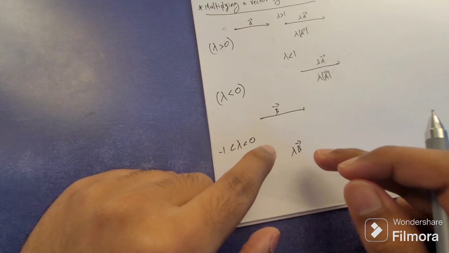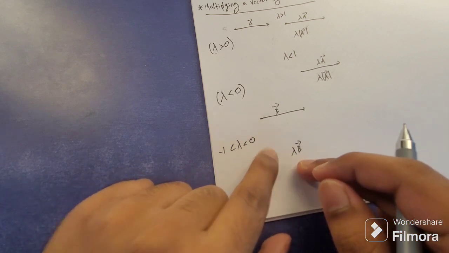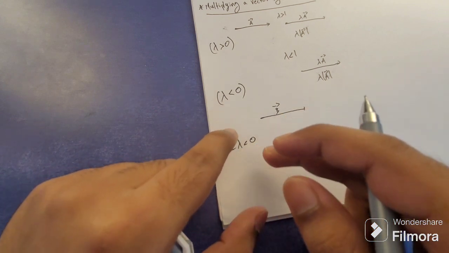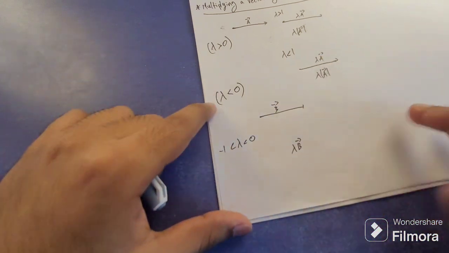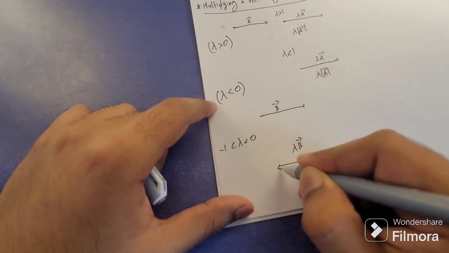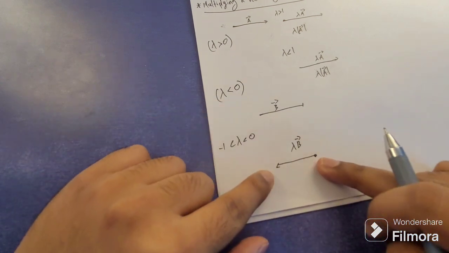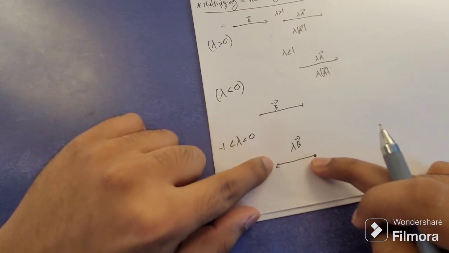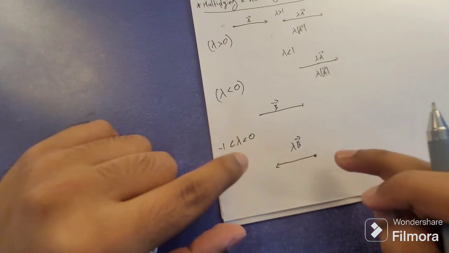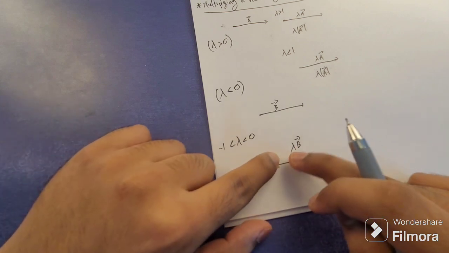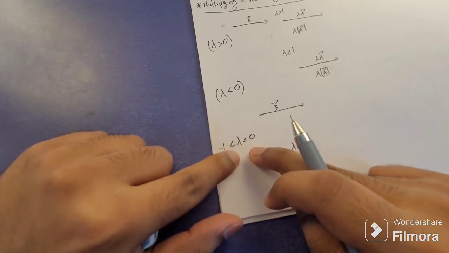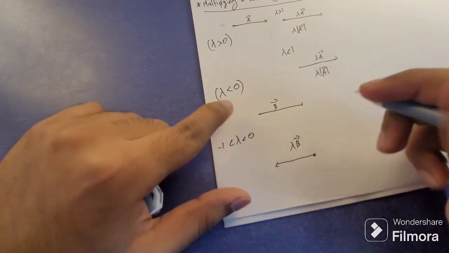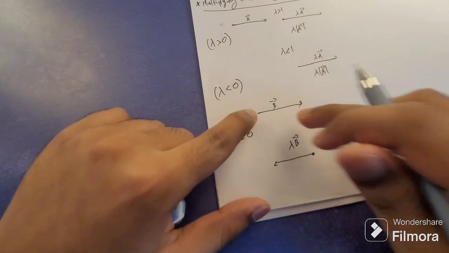In addition to that, its length will be reduced, as the magnitude of lambda is less than 1, because it lies between -1 and 0. So we'll get a new vector something like this, which will be exactly anti-parallel to b vector, which means its direction will be flipped by 180 degrees. Also, if lambda is between -1 and 0, then the length of this new vector formed will be less than the length of the original b vector.